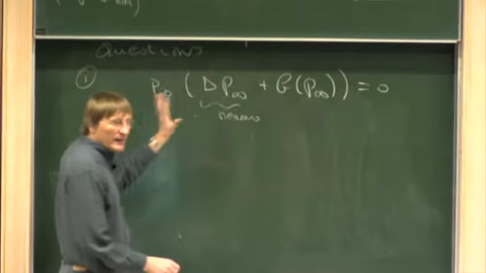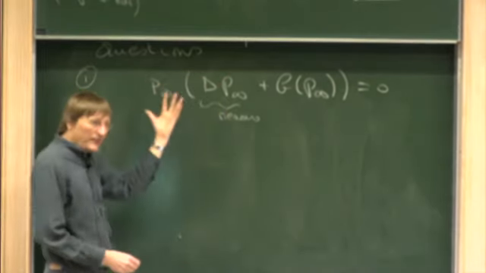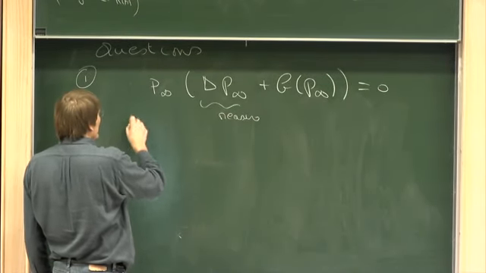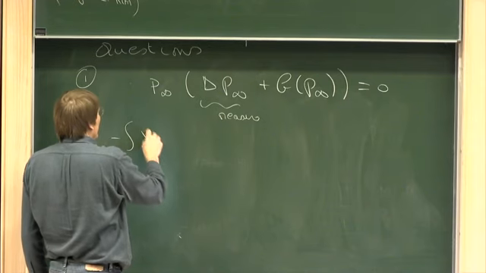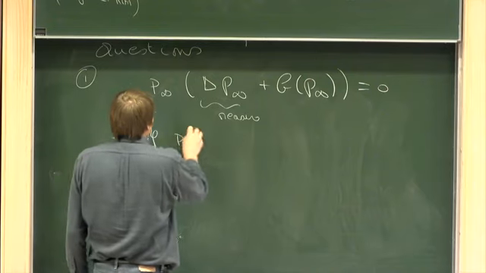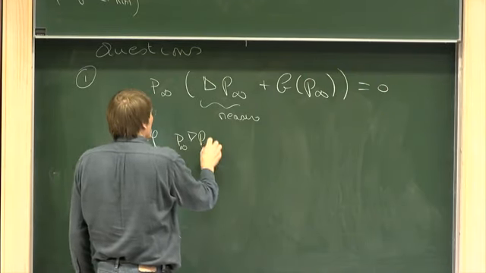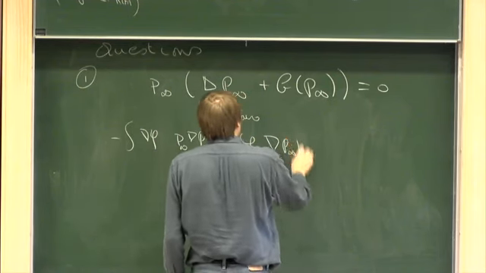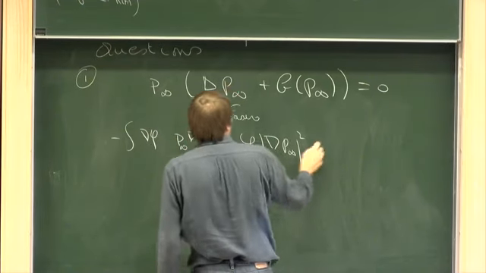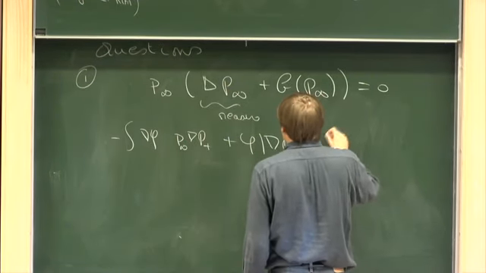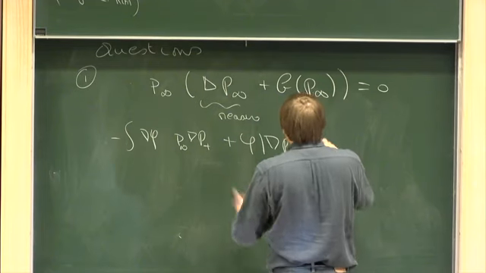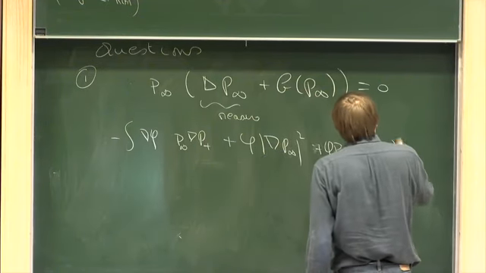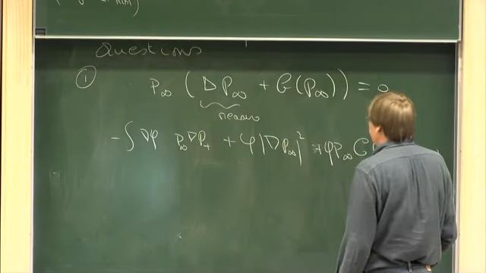But you can integrate by parts. In the distributional sense, you can integrate by parts and use a test function. So you multiply by a test function and you write that minus the integral of grad phi p grad p infinity plus phi grad p squared equals, plus whatever, plus the integral of phi p infinity g of p infinity equals 0.